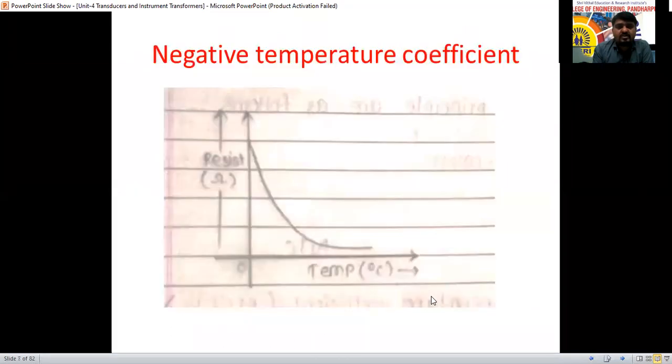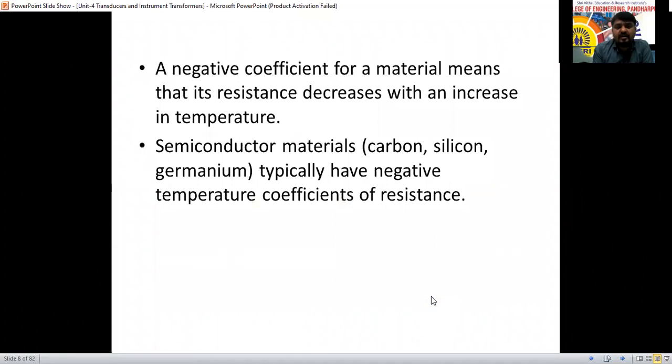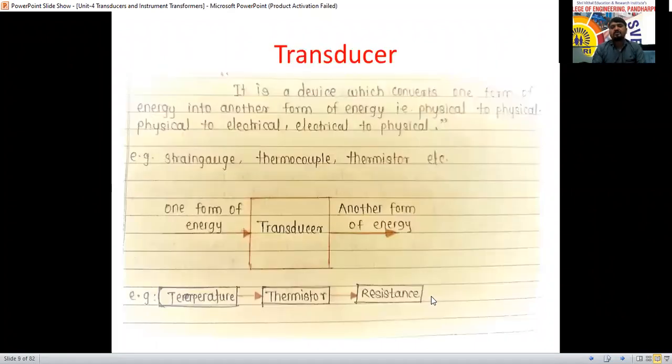So we'll go to the next topic, transducers. The general definition of a transducer is that it converts one form of energy into another form. Particularly when we go for the electrical, the physical quantity is converted into an electrical quantity.